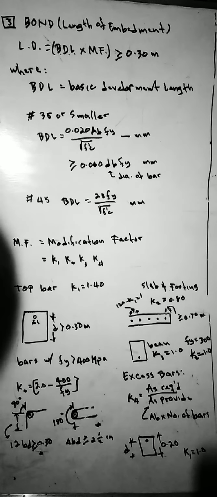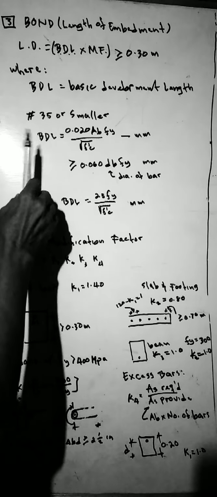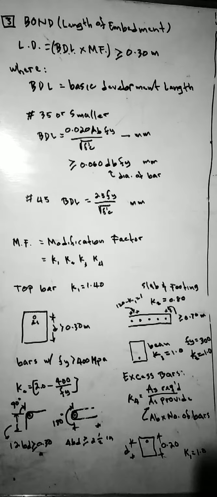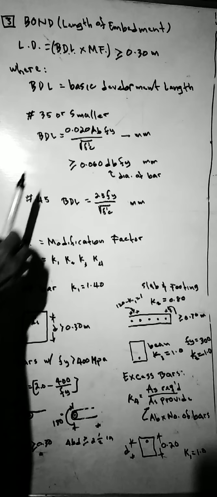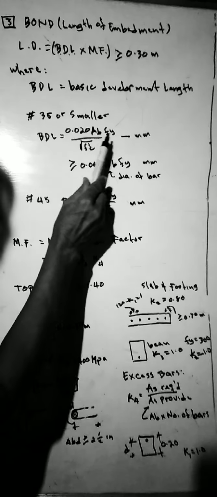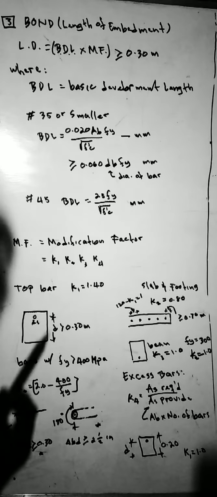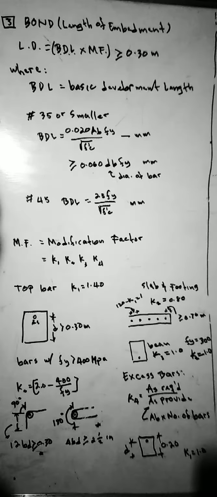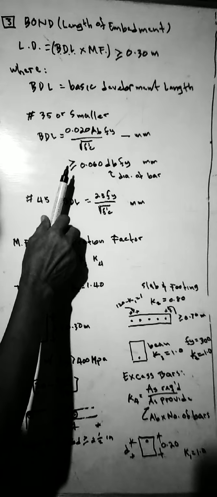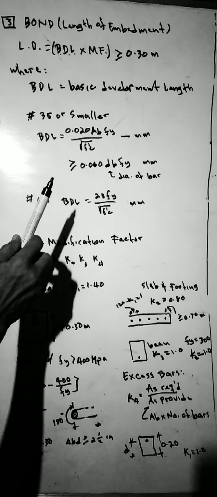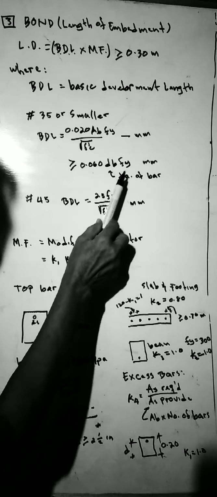For the basic development length, number 35 or smaller bar, the basic development length is equal to 0.020 AB Fy divided by the square root of f'c, and must be greater than or equal to 0.060 dB Fy.